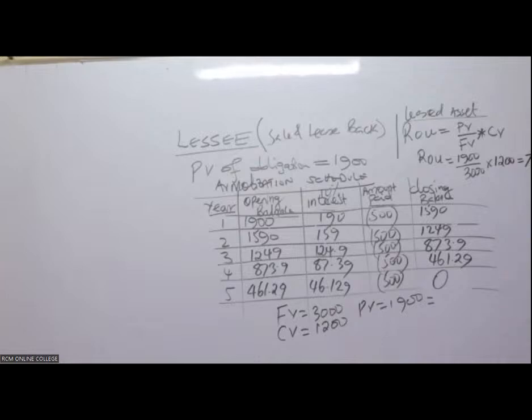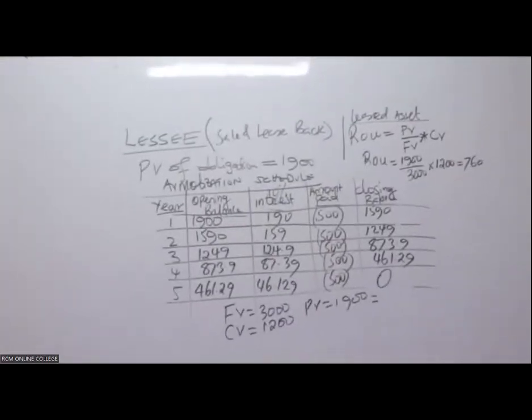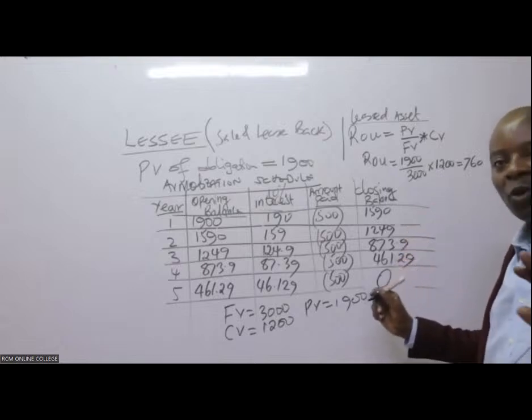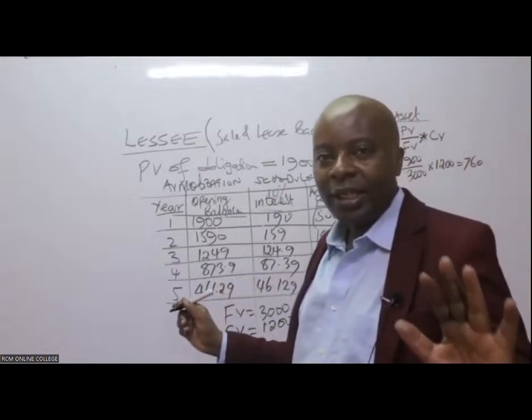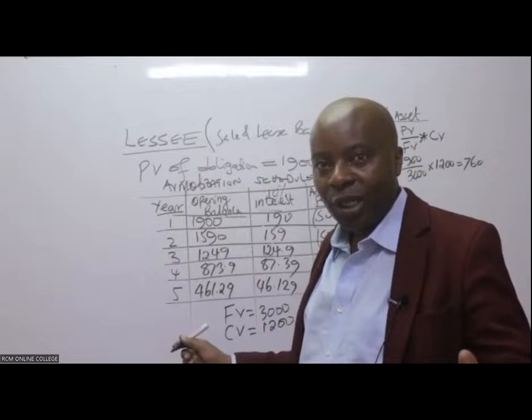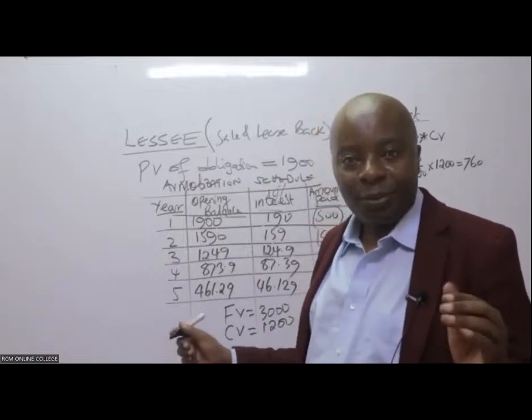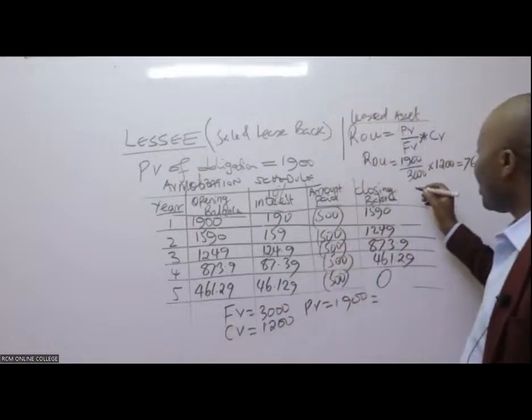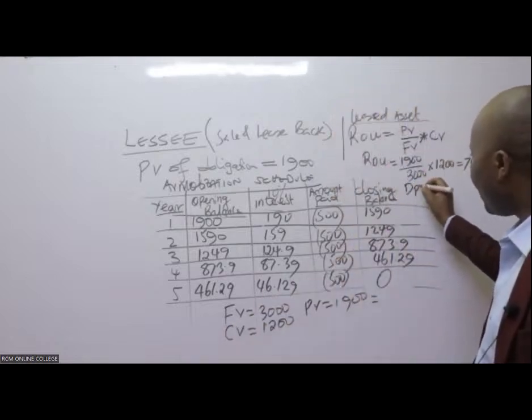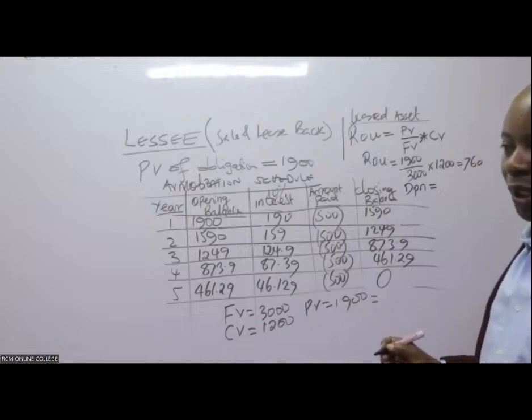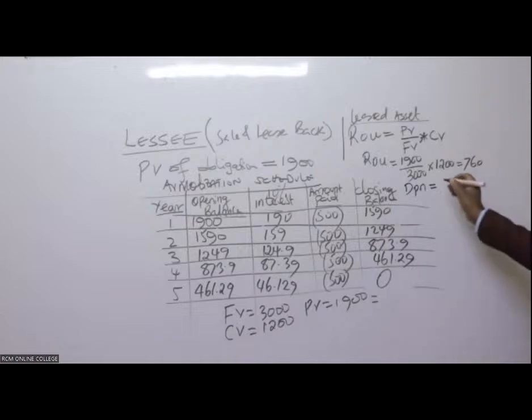Now, ladies and gentlemen, remember the moment I get this 760, this is a leased asset, and it's as good as now belonging to the lessee. The lessee is the one who has the right of use, so the lessee shall depreciate it. Depreciation is always straight line, so it will be 760 over the lease life.